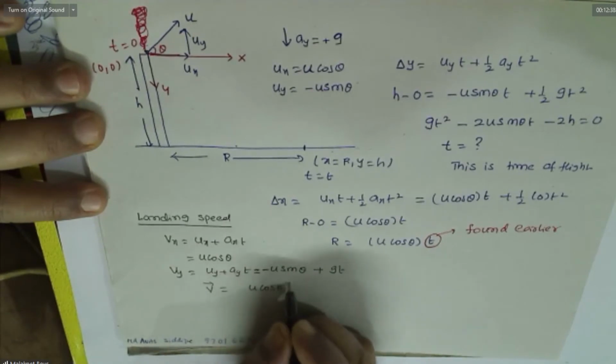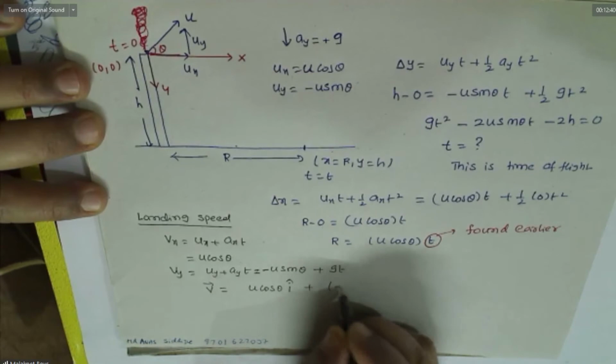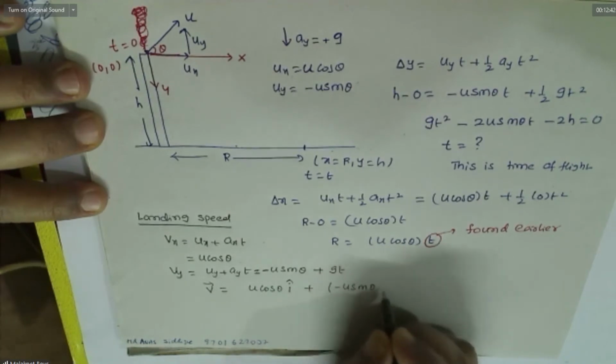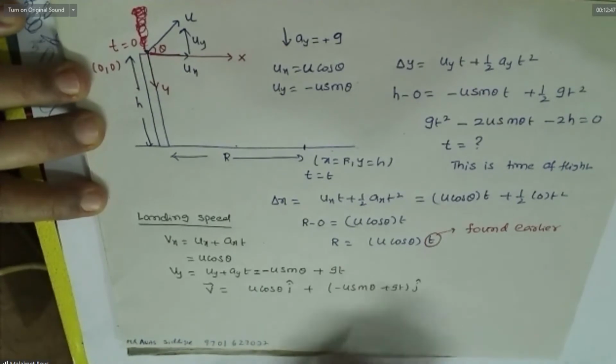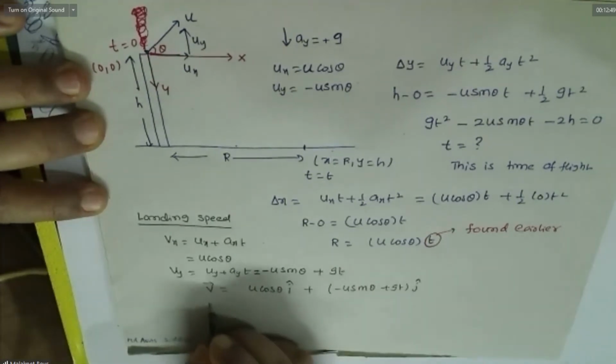This is Vx. This is the magnitude, this is the direction. You want speed.